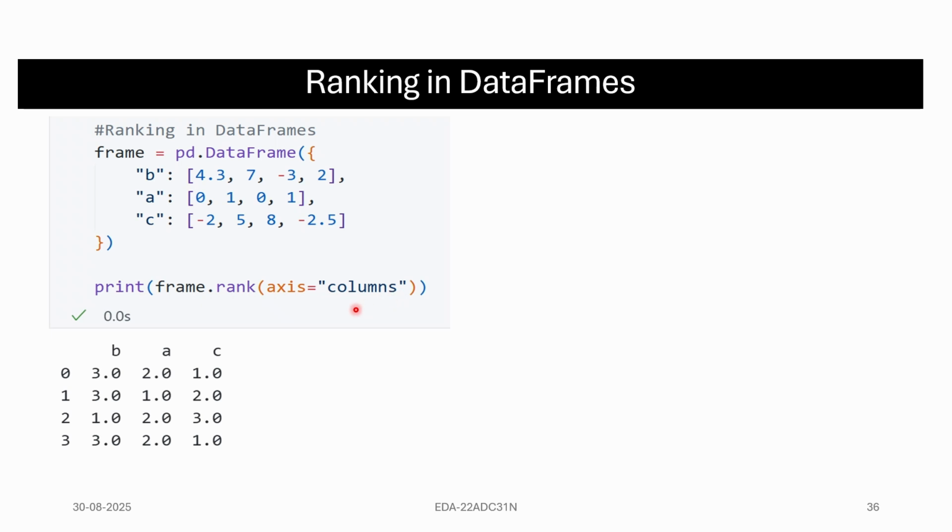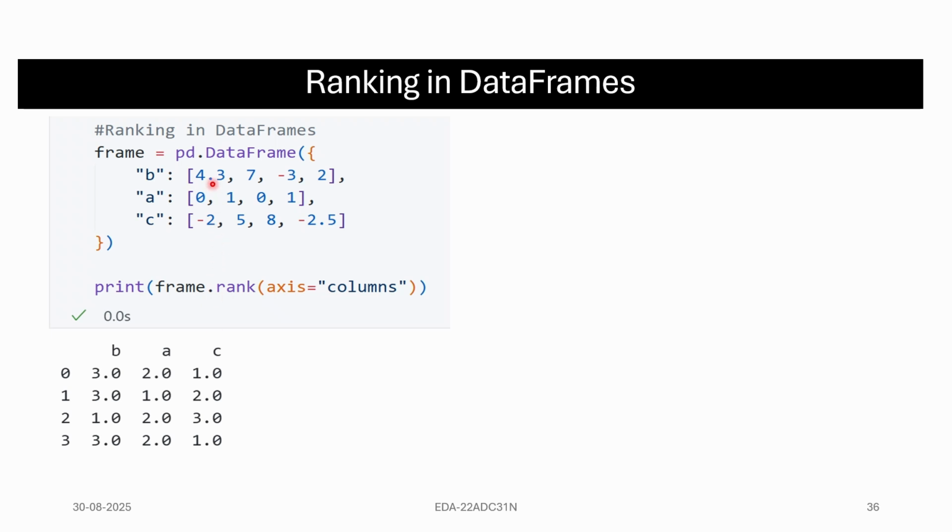You also try to use only two values for the axis, axis equal to 0 and axis equal to 1. The meaning of axis equal to columns is axis equal to 1, which means horizontally along the x-axis. That is why the elements are given the ranks across the rows.